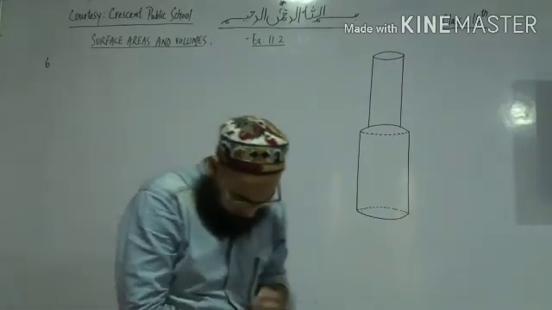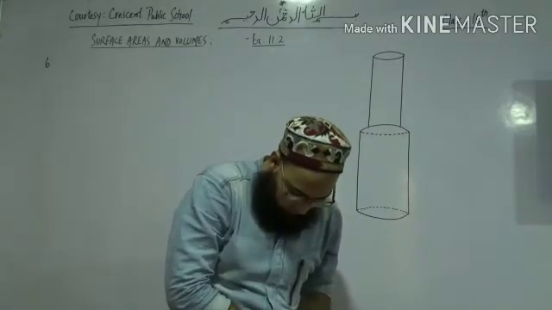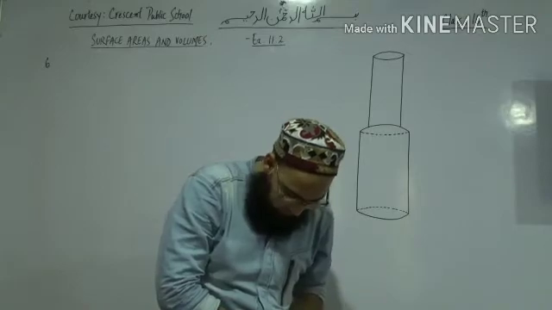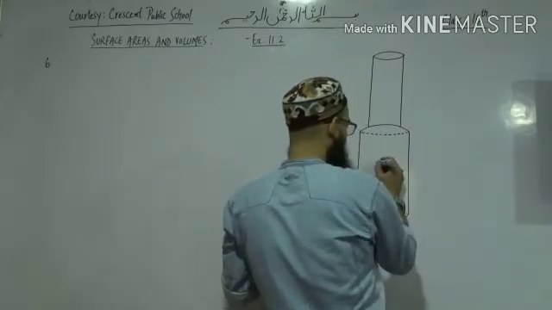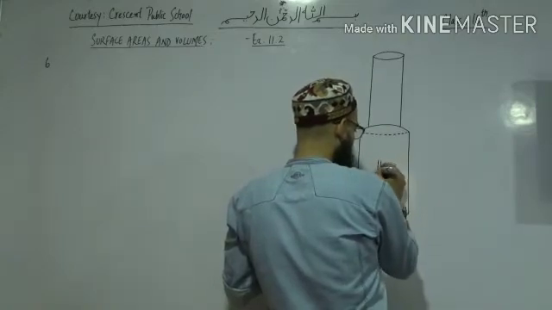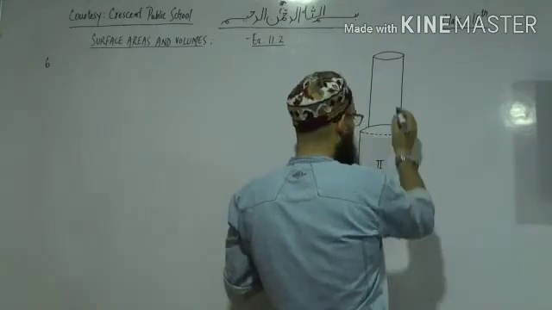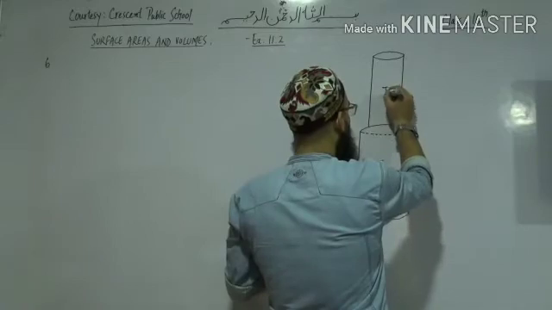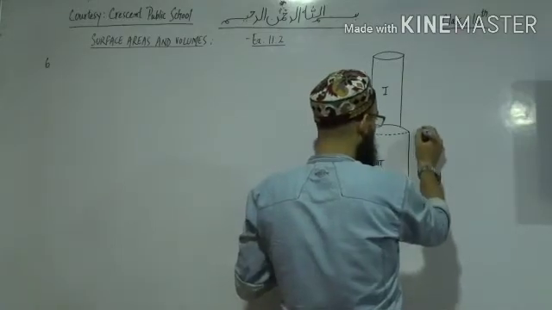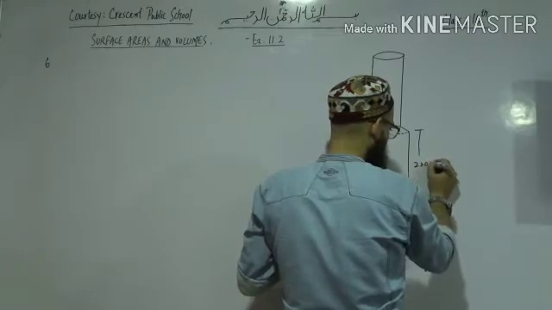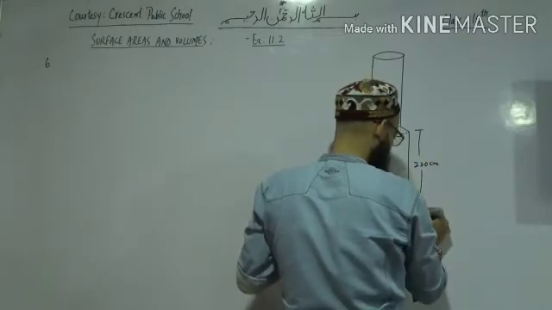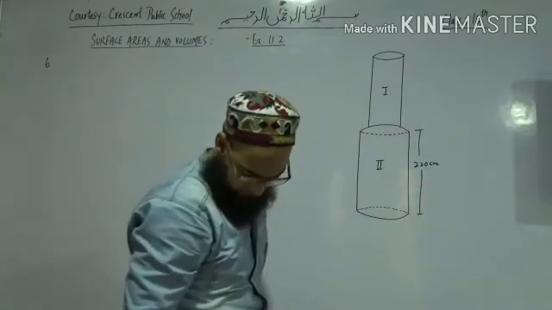So it says of height 220 surmounted by another. So 220 centimeters is the height of this. Let us say this is cylinder 2. Name it cylinder 2. Name it cylinder 1. So 220 centimeter is the height of this cylinder.